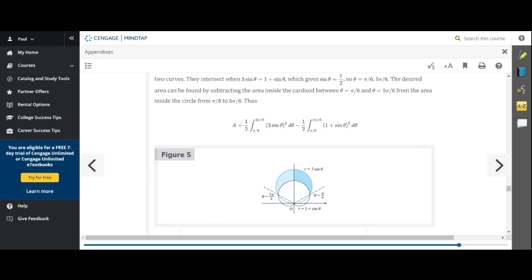So how can I confirm that those angles are right? They just sort of, okay, that's where they intersect each other. That's right. So I'll go to the whiteboard real quick here.